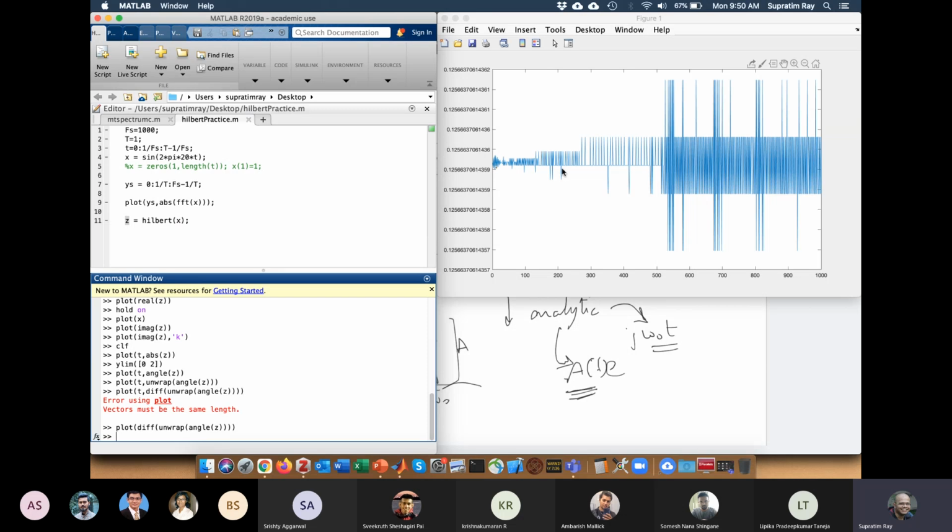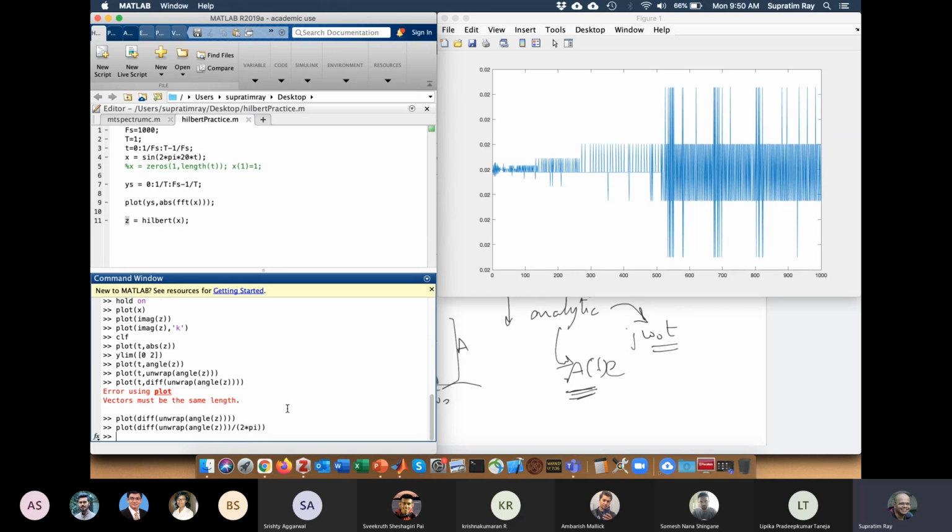The derivative is now going to give you the instantaneous frequency, so it is also a fixed number. .02, which is the normalized frequency here corresponding to 20.